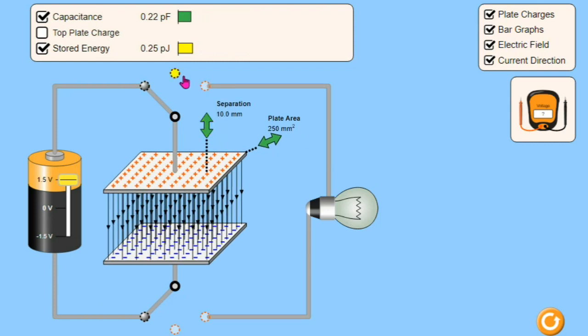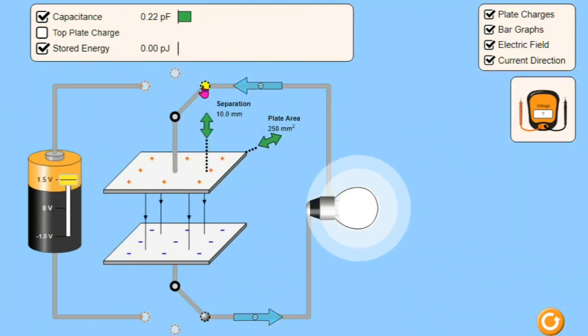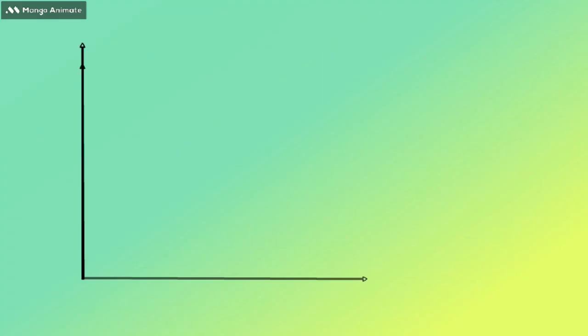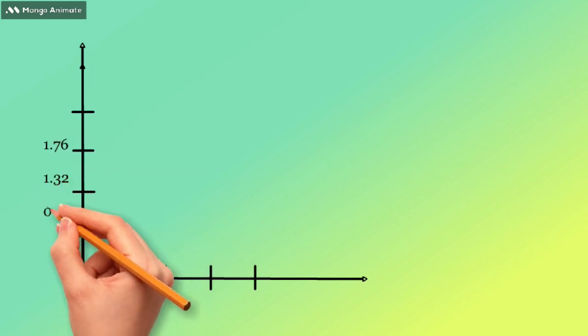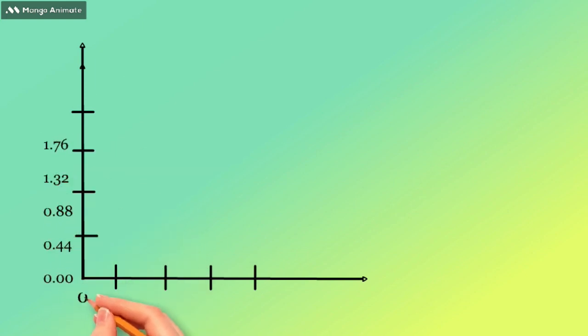Finally, we will vary both the plate area and the separation distance and observe how the capacitance changes. As we can see from the graph, capacitance is directly proportional to the plate area and inversely proportional to the separation distance.